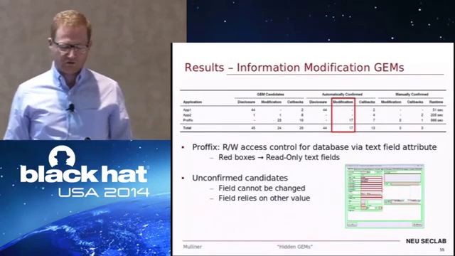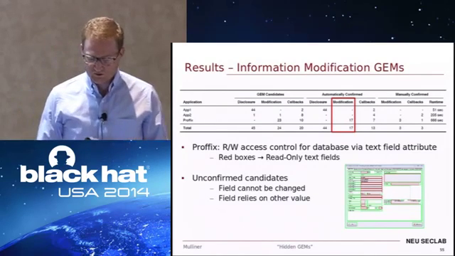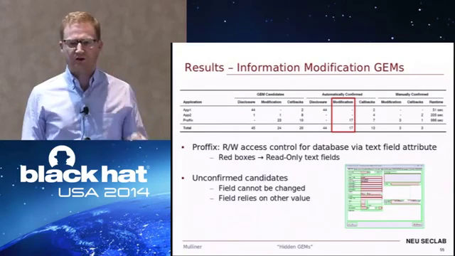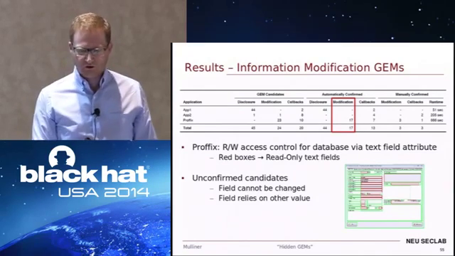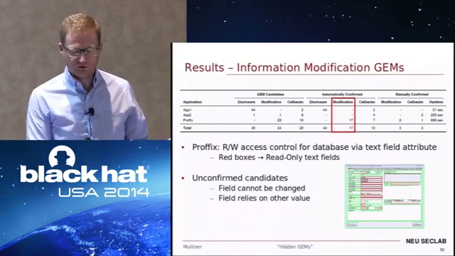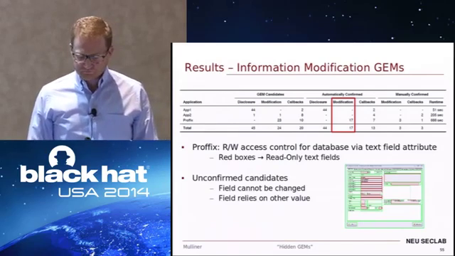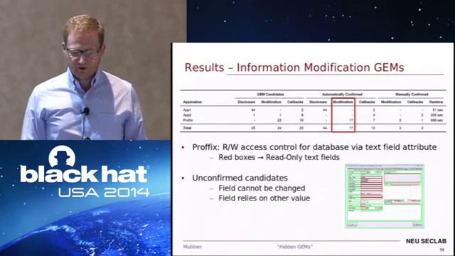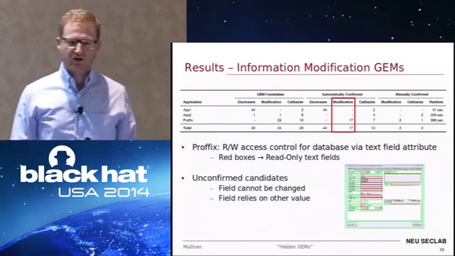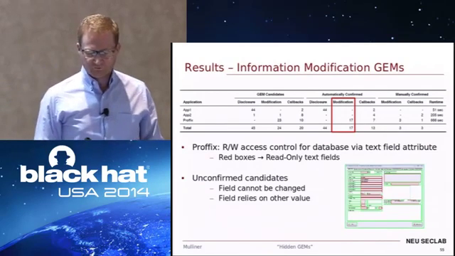And some of the unconfirmed candidates here, where a field could not be changed, was because it was relating to some other field. So it had to match up to a certain input of another field, which is kind of hard to detect if you don't want to check everything against everything.